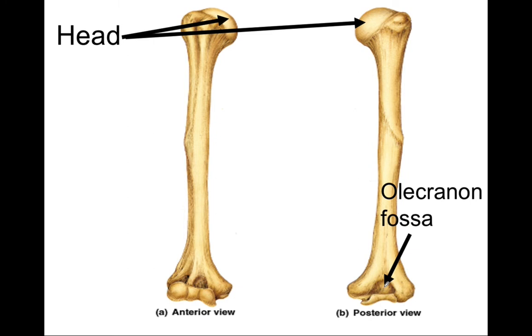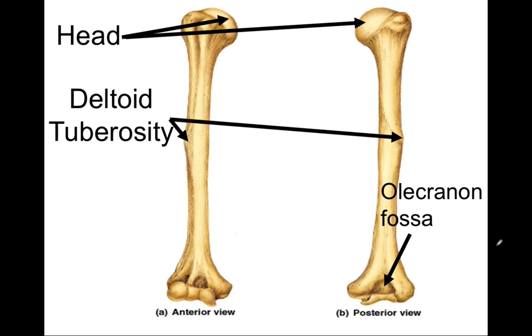This space allows for what's known as the olecranon process to come sit within it. The olecranon process is found on the bone known as the ulna, and that will help for the movement of our forearms towards our sides, and that will allow for us to continually contract and relax our forearms. I will point this landmark out a few more times throughout this presentation.